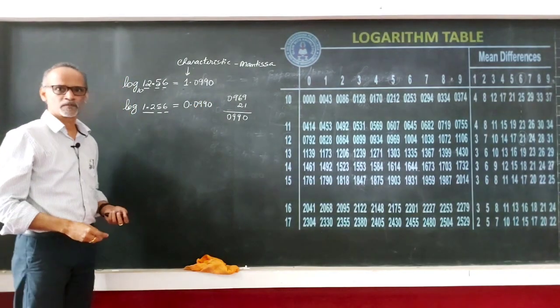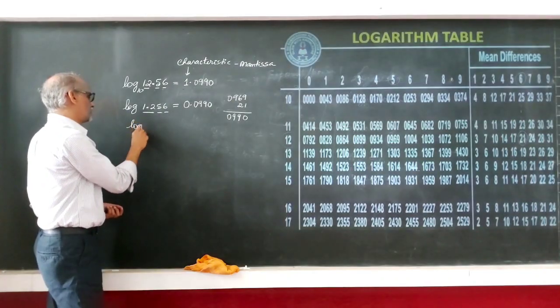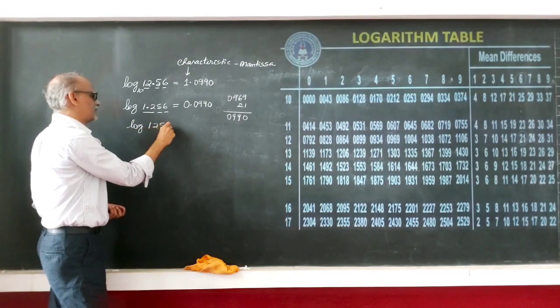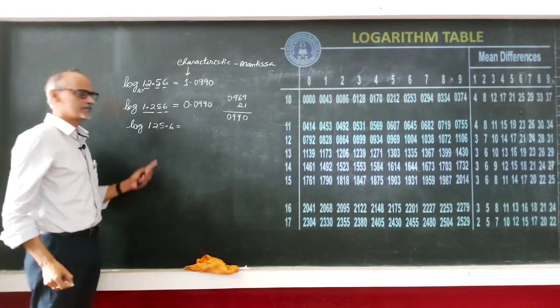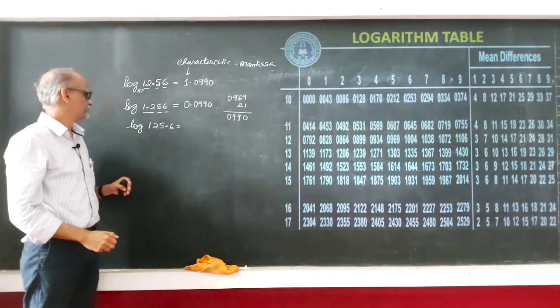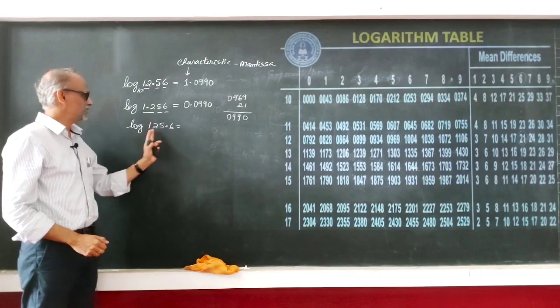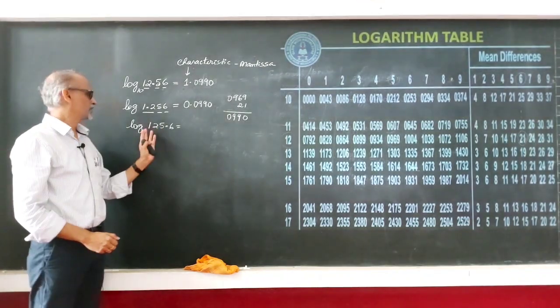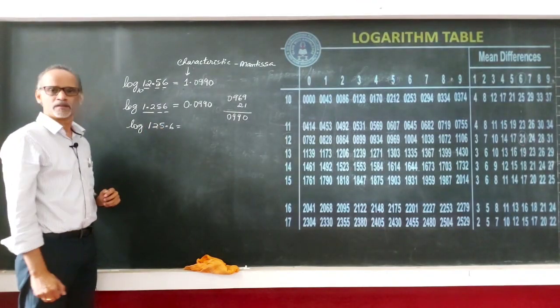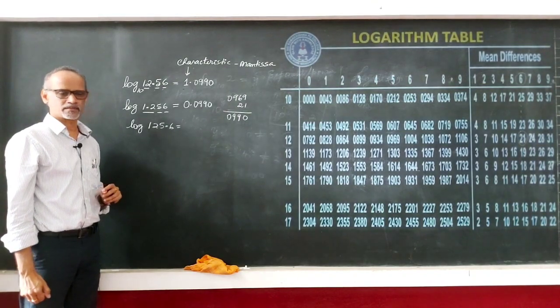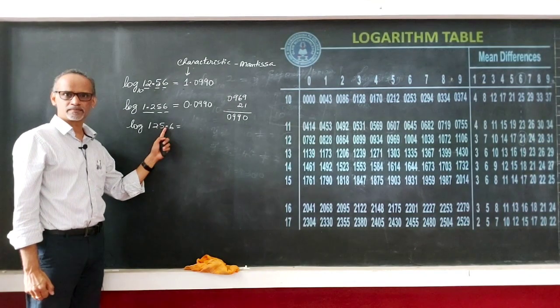0990. So let me write one more number, log 125.6. Again I have given the same number. The digits are identical, only the decimal point is in some other place, right? So first let's find the characteristic.